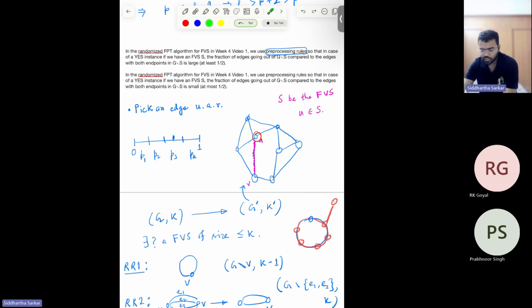So indirectly you are correct, but that is not the description of the algorithm. The description says to pick an edge uniformly at random, and let us say this edge is called E. Then the second step is to pick an endpoint of E again uniformly at random.